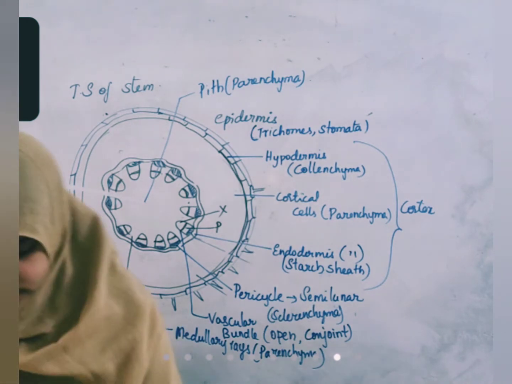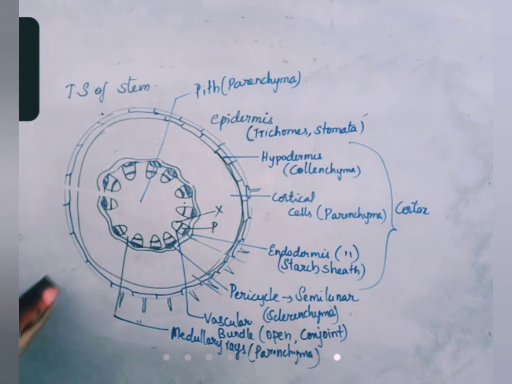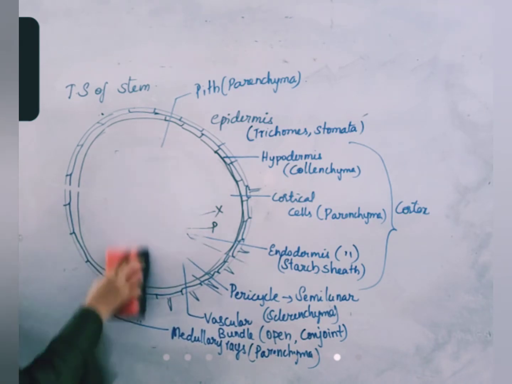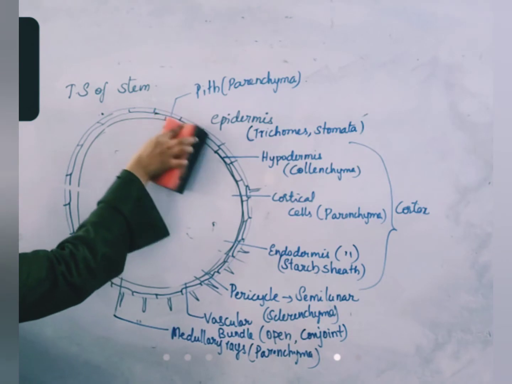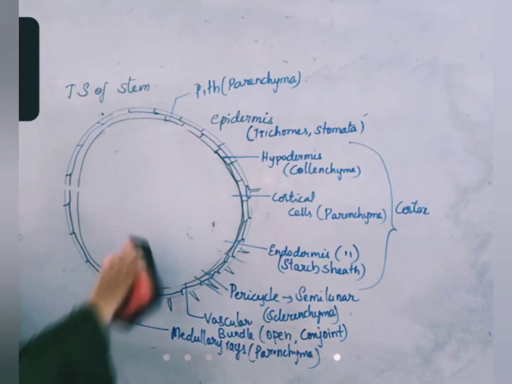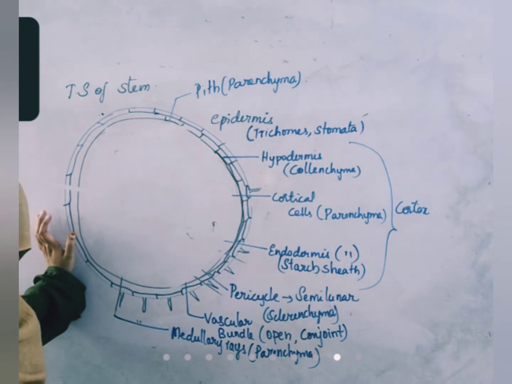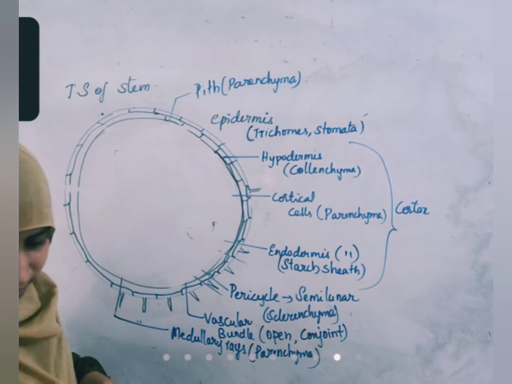Now, how is it different from monocot stem? The vascular bundle is not like this. It is slightly different.